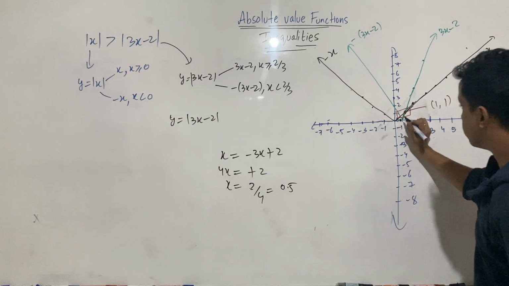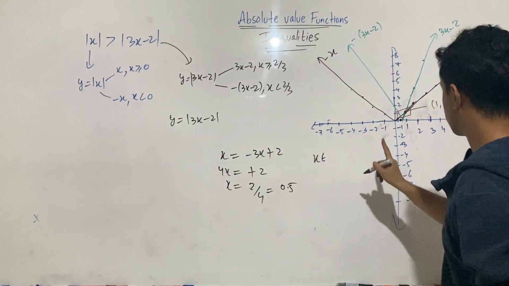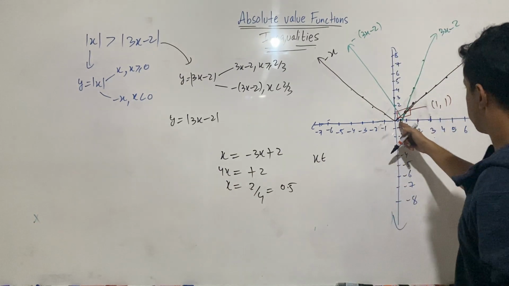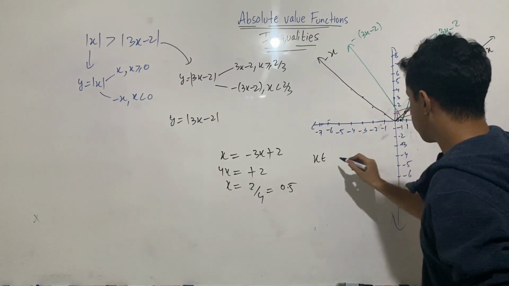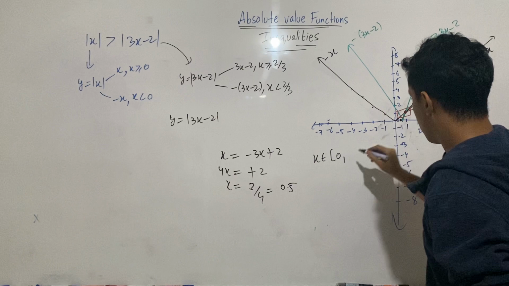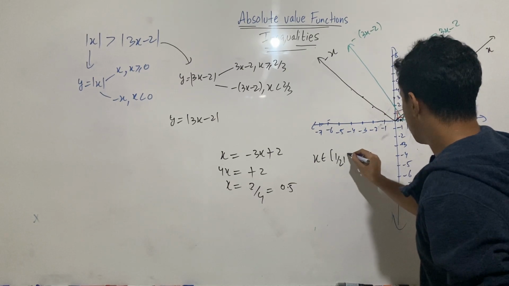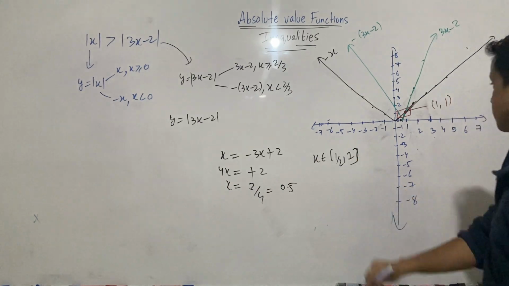So x belongs to where? x belongs to 0.5, that means 1 by 2, to 1. Right?